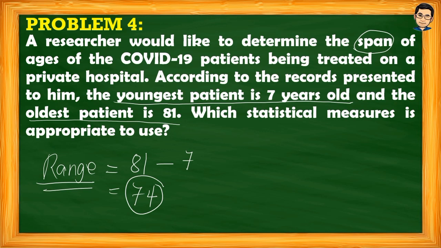Okay, so ayan. Usually, kapag ang pinag-uusapan natin is span, kung gaano kalayo yung agwat, range po ang ating gagamitin dyan. Lalo na given naman yung youngest. Youngest para siyang smallest. Yung oldest para siyang highest.